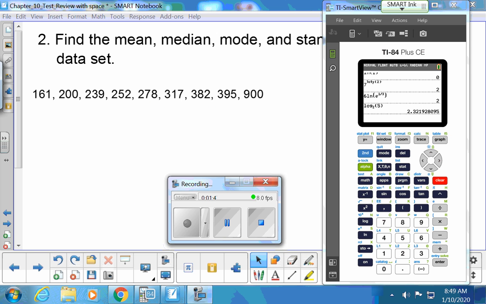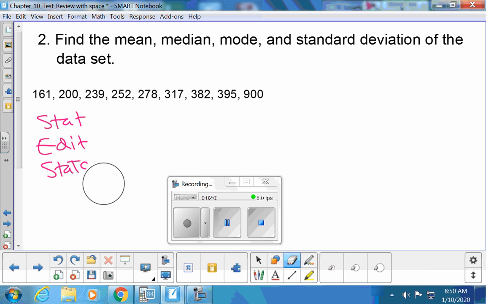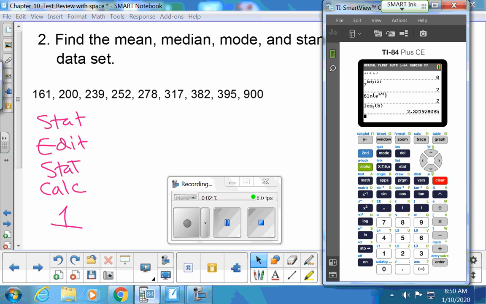Okay, on number 2, I would find yourself a graphing calculator when you're taking your test. You want to use these steps: stat, edit, stat, calculate, 1. So we're going to go to stat and then edit.